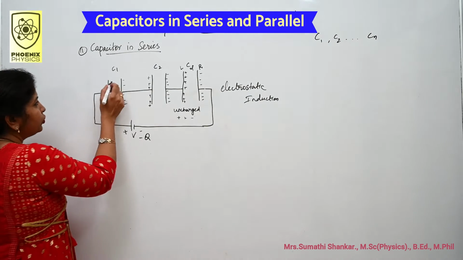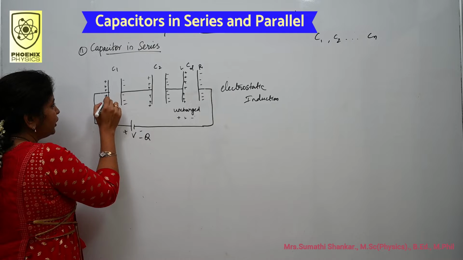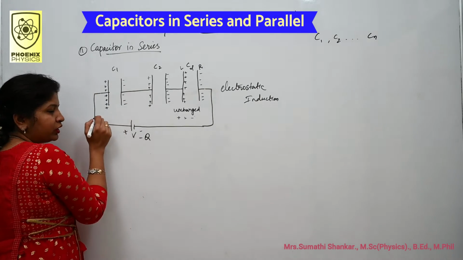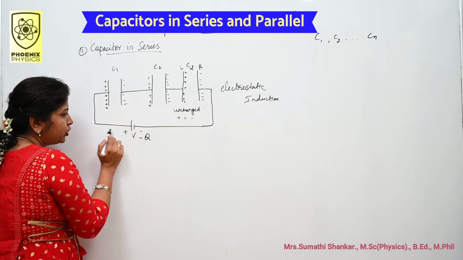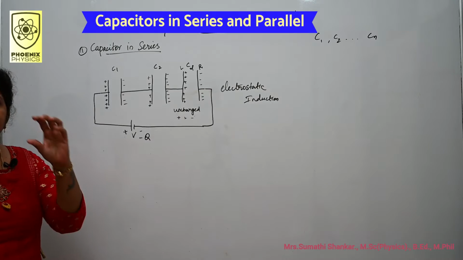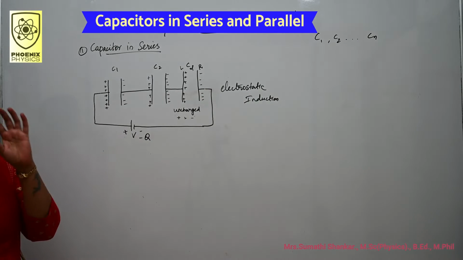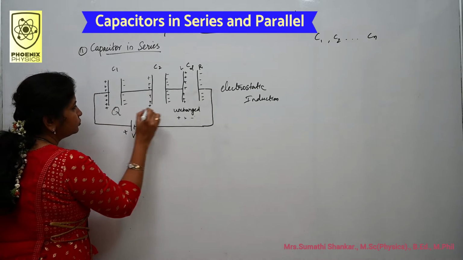Here also, due to electrostatic induction, positive charges are induced on the left side of the C1 capacitor and the negative charges are transferred to the positive terminal of the battery. Each capacitor stores an equal amount of charge, say Q.